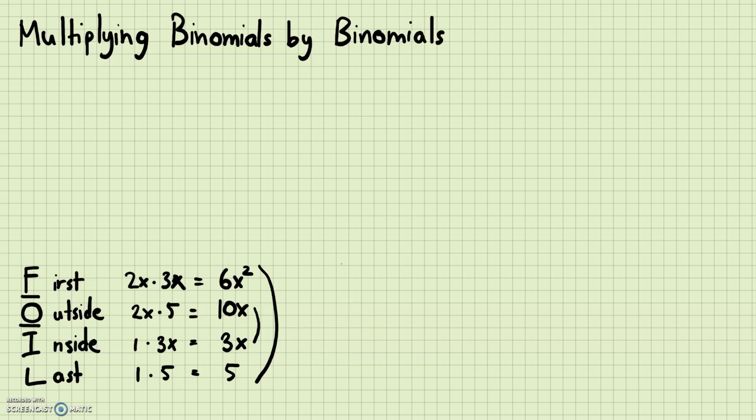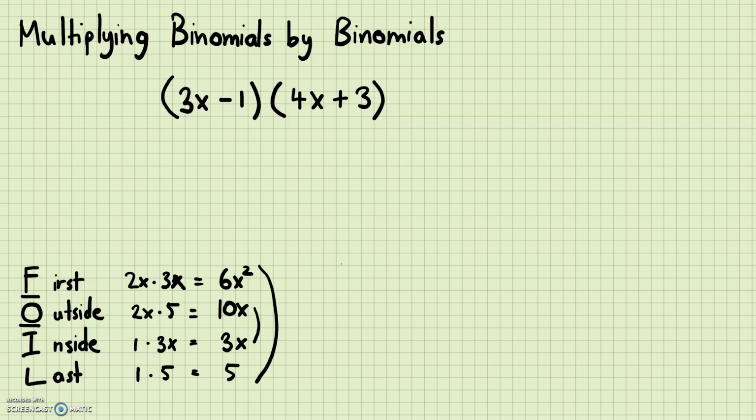Let's multiply two binomials again: 3x minus 1 times 4x plus 3. Whenever you have a minus sign in the binomial, it always goes with the number that follows. So you have to treat this as a negative 1.